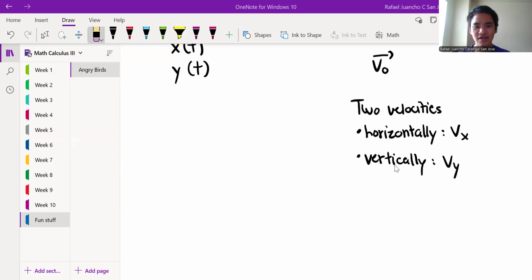So for our initial velocity, let's just call it horizontal and vertical velocity. I don't know if there's a term for it in physics, but I'll just call it that.